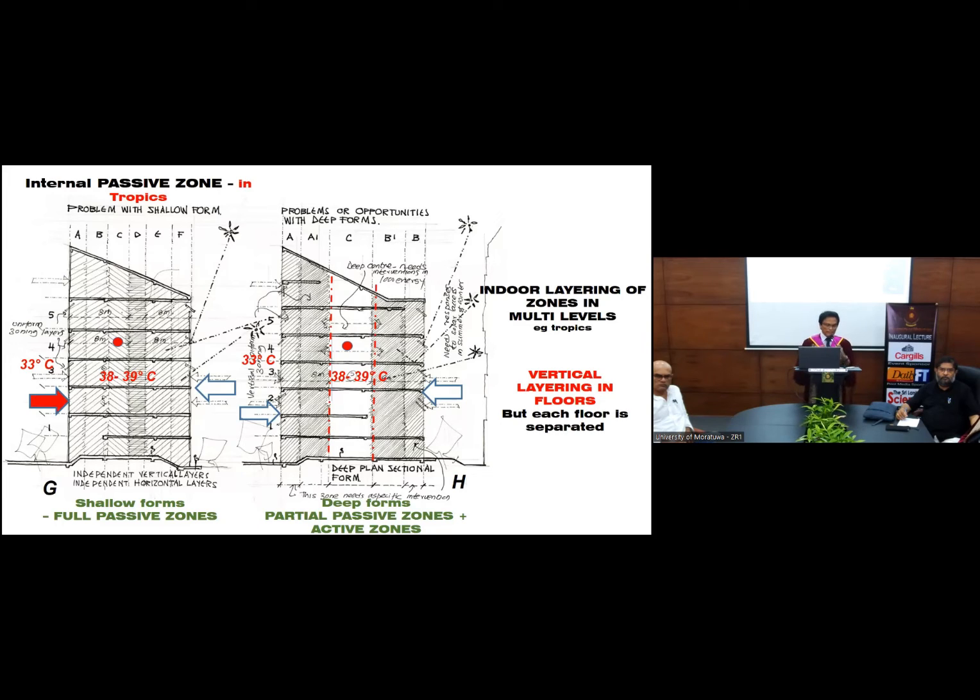Therefore, each floor works independently, and each floor brings heat through windows, and it can be overheated to around 38 or 39 degrees. What is the best method to remove this heat? You need airflow, ventilation. But in the tropics, we have very slow wind speed, around 1.8 meters per second or 2.2 meters per second.